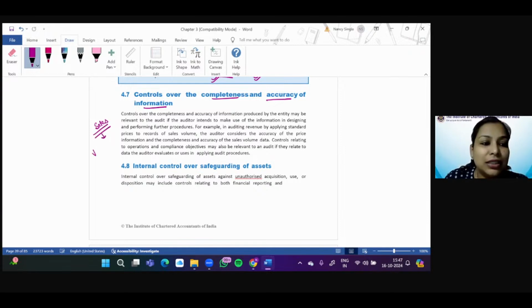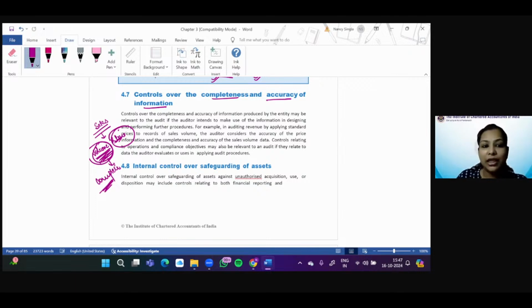So what he does, he multiplies the volume by whatever the price is. Now this volume needs to be complete. If 10,000 or let's say 1 lakh quantities were sold, he will be concerned about the completeness. He will be concerned about the prices, that is the accuracy of this information, the value and price, whether this is accurate or not, whether this is complete or not.